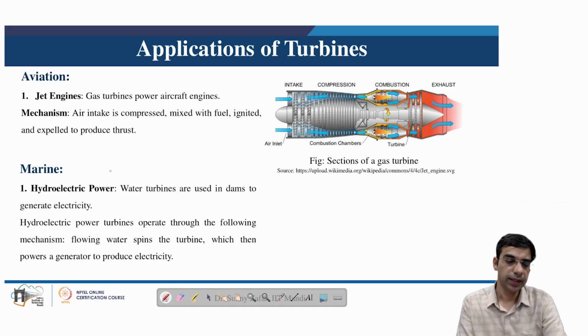In the case of hydroelectric, water is used, as we have discussed, in dams to generate electricity. Hydroelectric turbines provide the mechanism as water flows over the turbine and generates sufficient electricity. As we know, in the case of turbines, there may be an impulse turbine or a reaction turbine, so depending on the design of the turbine, an appropriate mechanism may be used.